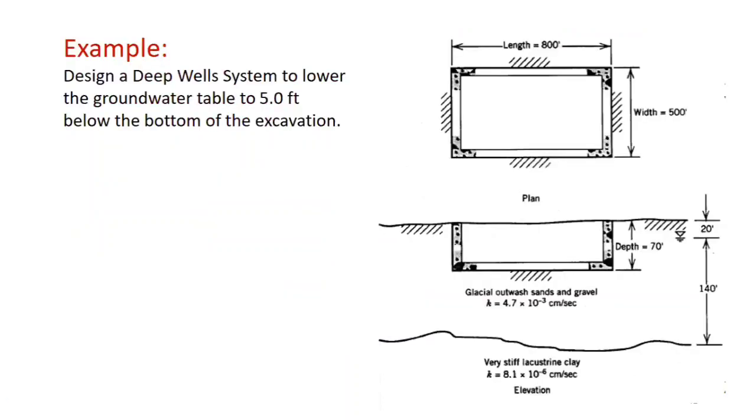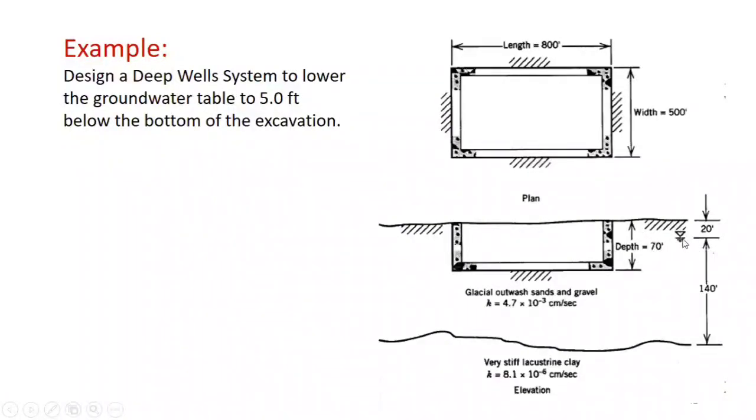Let's see an example now to see how to use these methods and how to design a dewatering system. If you look at the situation here, we have a planned excavation of 800 feet length and 500 feet width. This is the plan view, and in the elevational view, the required depth of excavation is about 70 feet.